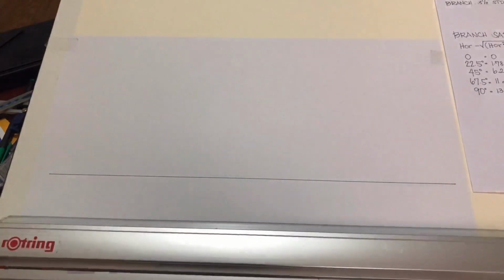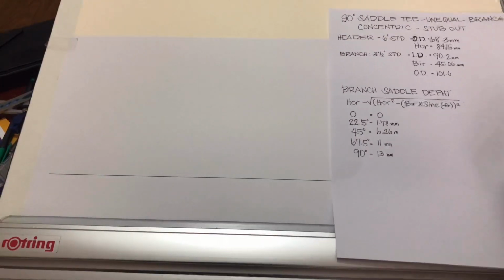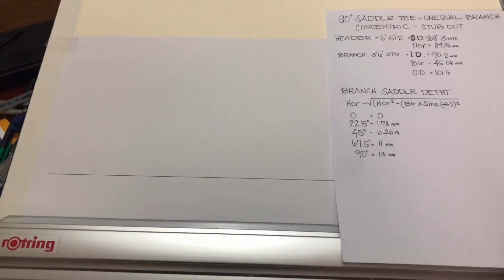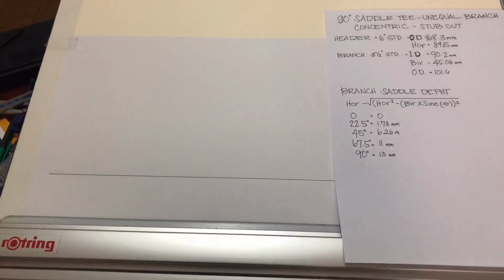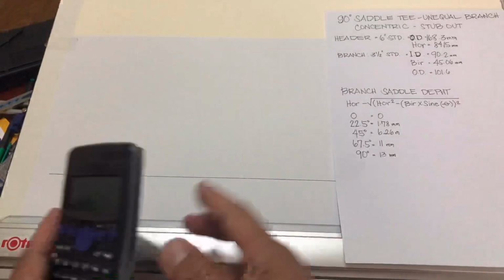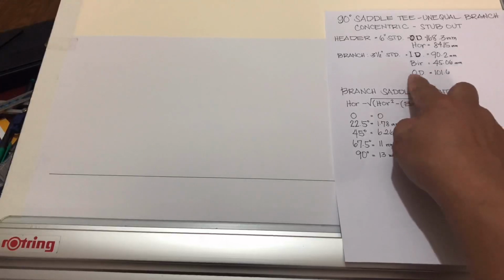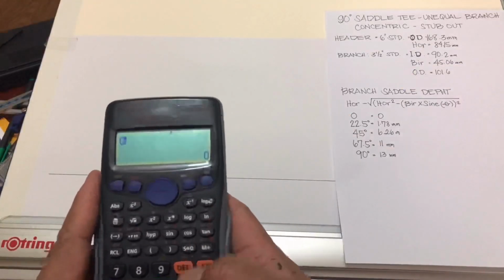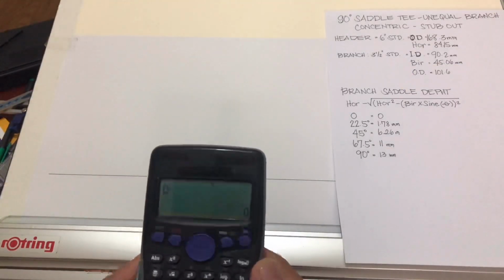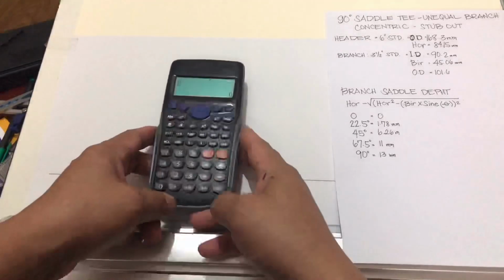Right. Then we do the calculation first for the circumference of the branch. So the outside diameter is 101.6, so we add 1 milli, so 102.6.